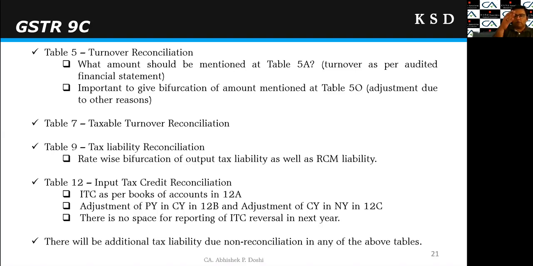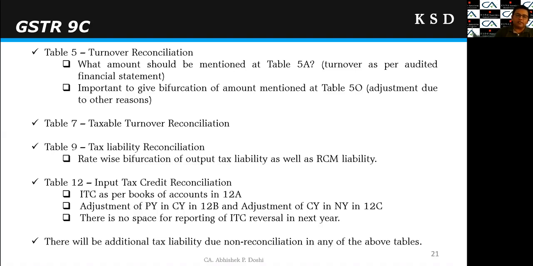So now we have done all this reconciliation in our GSTR 9C, and now there may be additional tax liability due to non-reconciliation of any of this amount. Say for example, output tax liability in books of account is on a higher side than the discharge in the GSTR 9, then there will be additional tax liability.